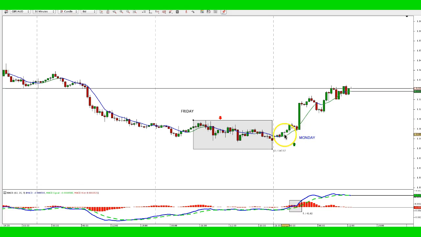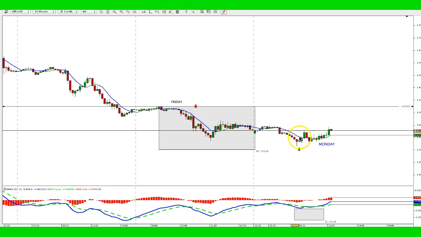Price breaks above the 8 moving average line. Depending on the currency that you trade, for example, this is the pound Australian dollar, so around the Australian market, early Asian market, you could have taken this trade. Whereas, for example, the pound dollar, you couldn't take this trade till the opening of the European session.